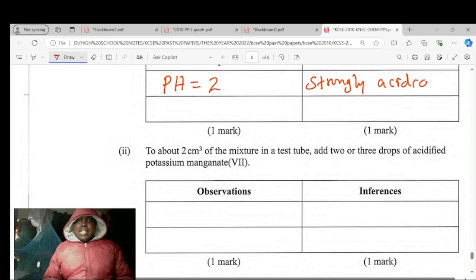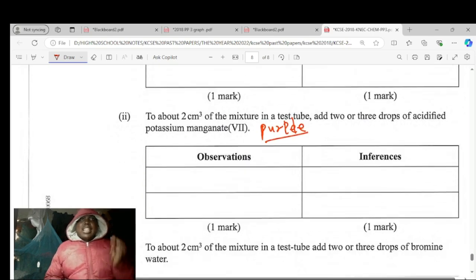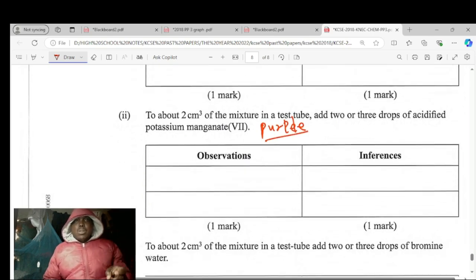We are adding acidified potassium permanganate. The color for this one is purple. We expect it to be decolorized. If it is decolorized, then the double bond, triple bond, and the alcohol is present. If it is not decolorized, then the 3 are absent.